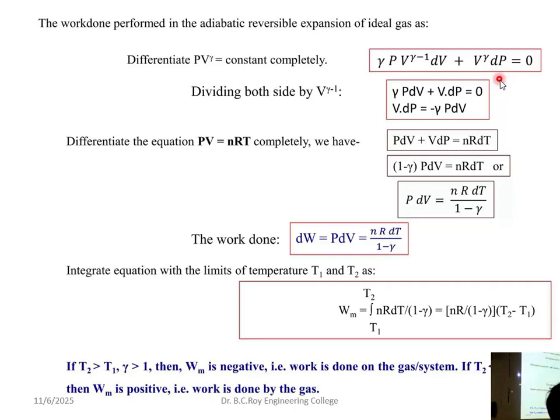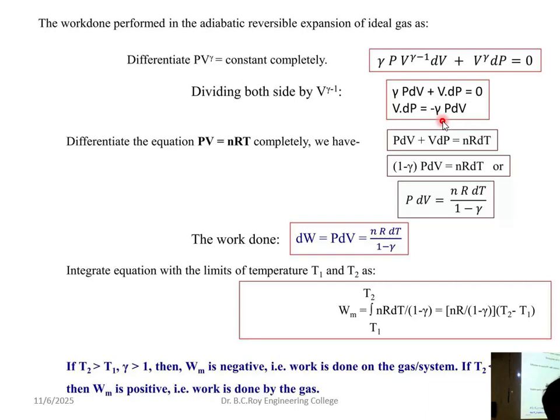Because the right-hand side was constant, the differentiation will be 0. Next step, we divide both sides by V to the power gamma minus 1. So it becomes gamma P dV plus V dP equal to 0, or V dP equal to minus gamma P dV.